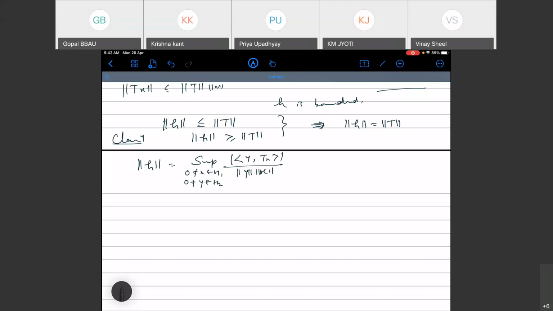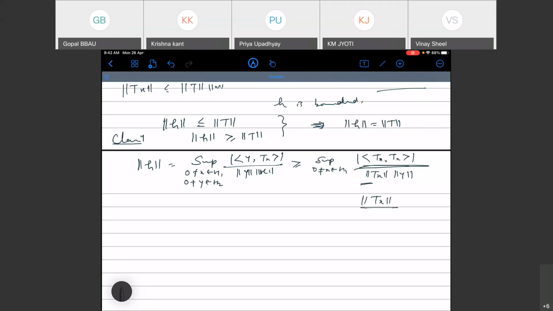Take y equal to Tx, so this will be the supremum over 0 not equal to x in H1 of ⟨Tx, Tx⟩ by norm Tx norm x.